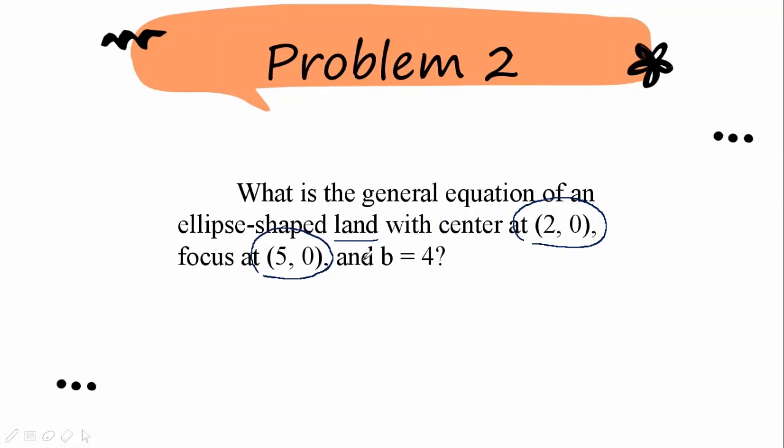So we will find the other focus later. Then we have the given b, which is 4. When we say b, this is the distance from the center to the co-vertex. Now the question in problem number 2 is: what is the general equation?